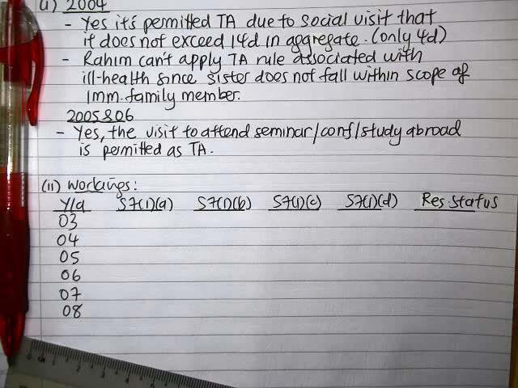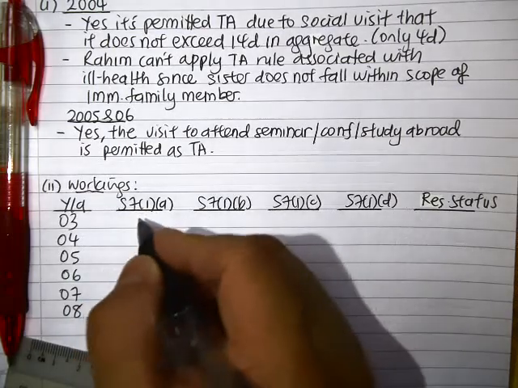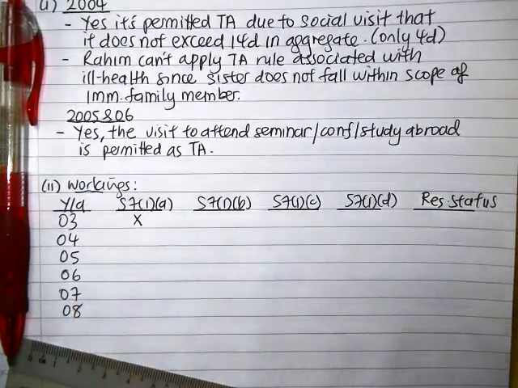Now 2003, 87 days. You tell me, A can or not? No, right? Cannot, right? Okay. B.